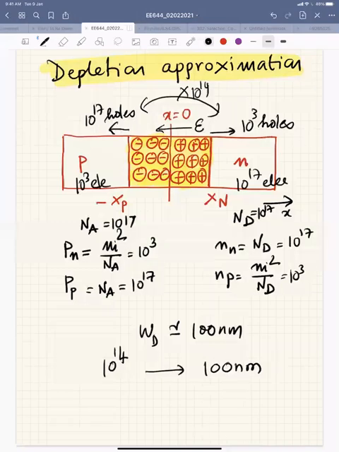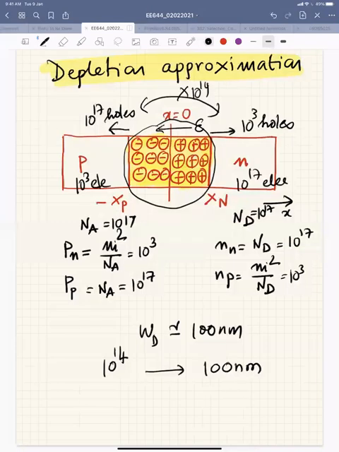you could safely assume that the carrier concentration, hole and electron concentration, is very small in this region, right? The hole and electron concentration in the depletion region is not zero, as I told you, because the hole concentration is continuously changing from 10 to 17 to 10 to 3. That means there are some number of holes and some number of electrons in the depletion region.